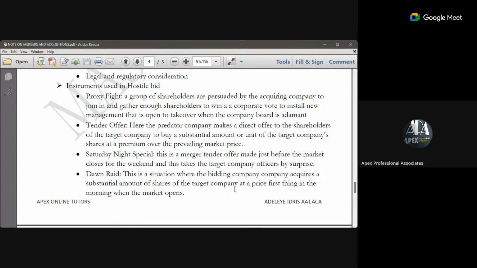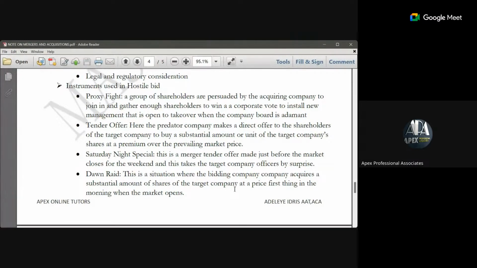We also have tender offer. In a tender offer, the predator company makes a direct offer to the shareholders of the target company to buy a substantial amount or unit of the target company shares at a premium over the prevailing market price.